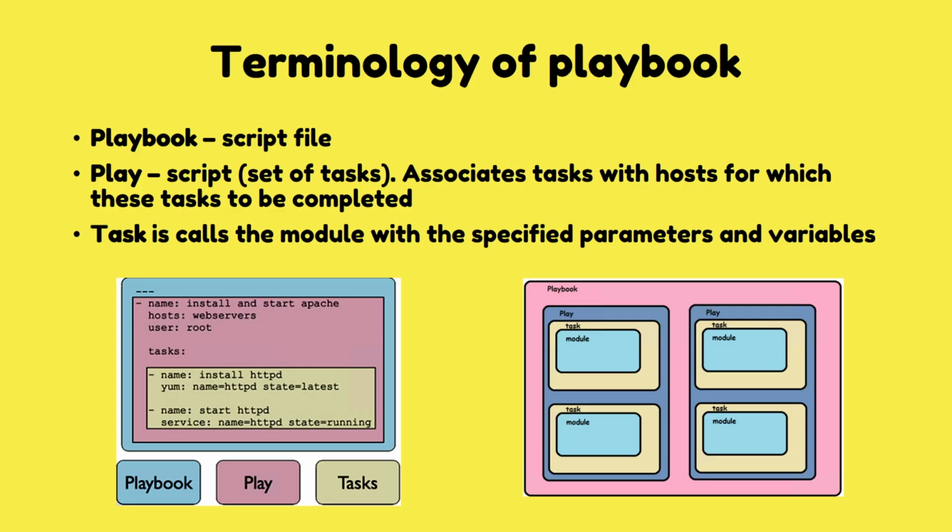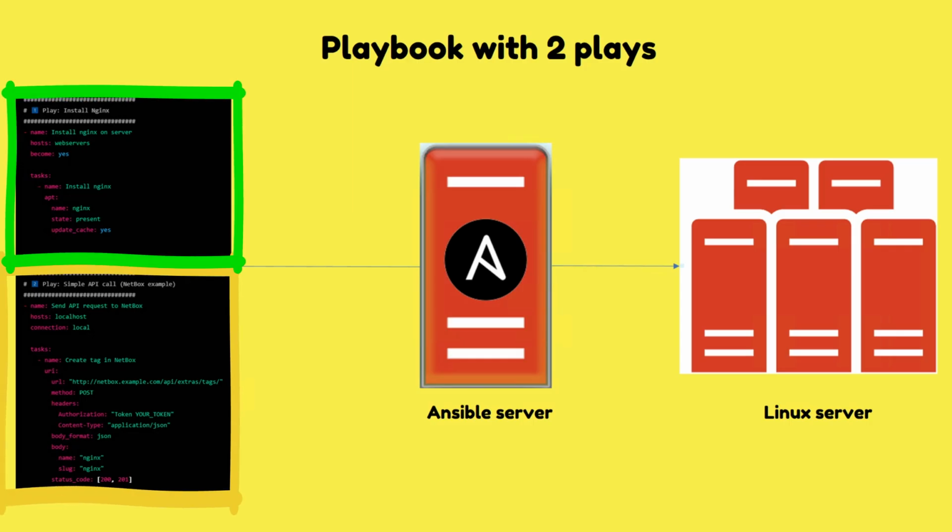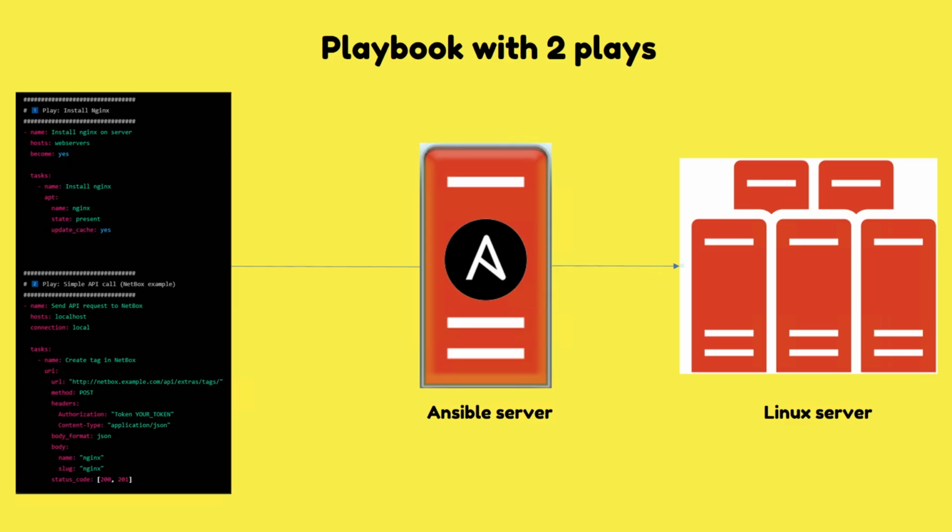Simple, clean and powerful. Let's talk a little bit about in which case we have to use two plays. We need two plays because they operate in different environments with different purposes and require different execution contexts. A single play cannot correctly handle both tasks. In the example, you see that in the first play we want to install NGINX, and at the same time we want to tag in Netbox that we have a new web server.